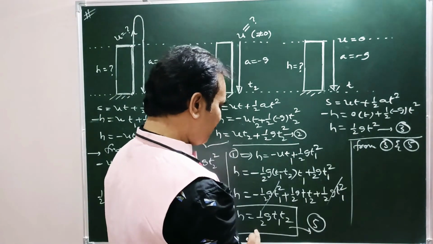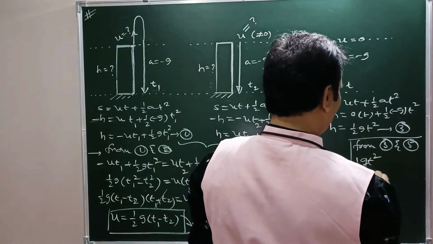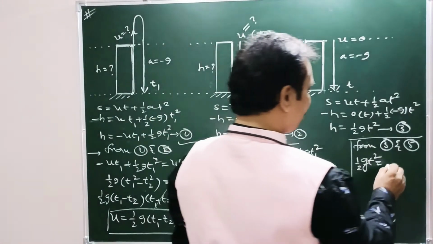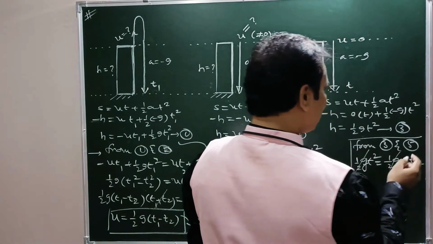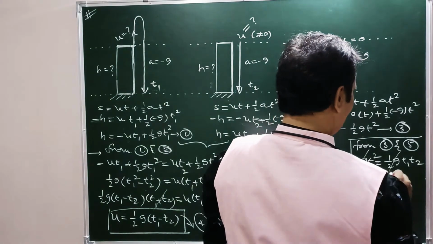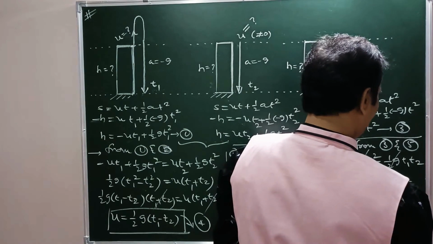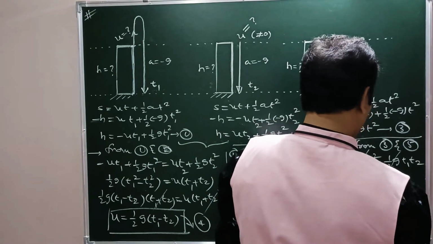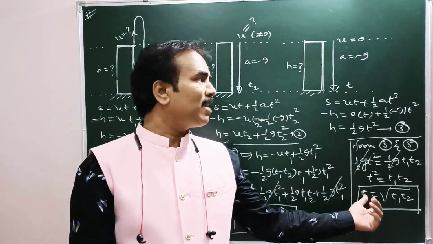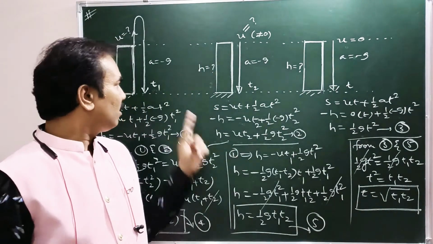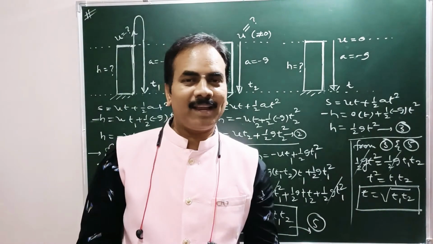Half g cancels. t square equals t1 t2. t equals root over t1 t2. This is the time taken by the freely falling body in terms of t1 and t2. Okay, right?